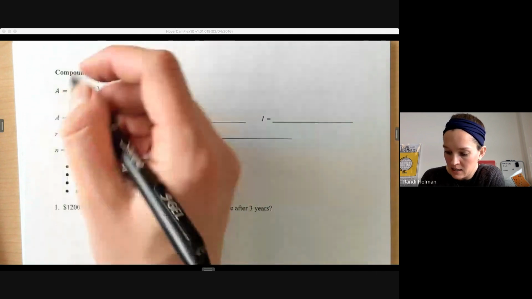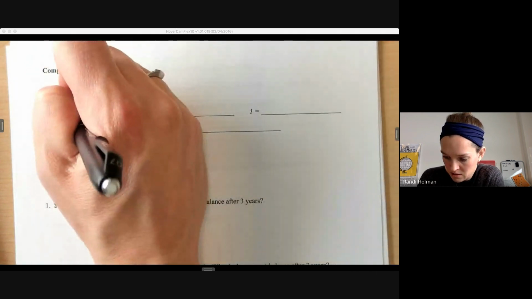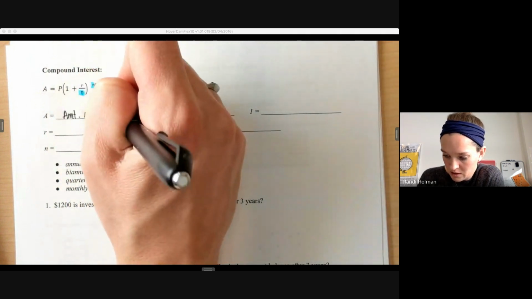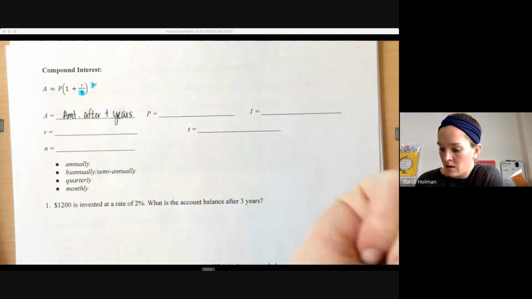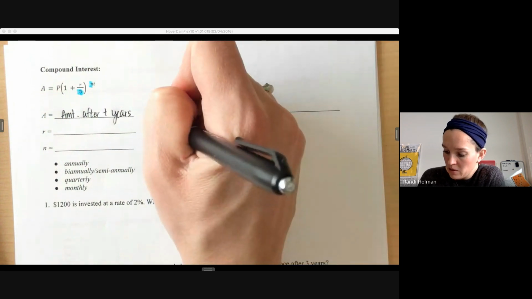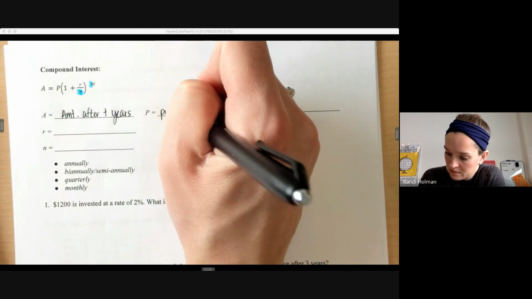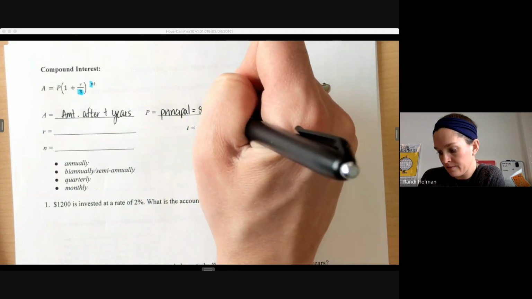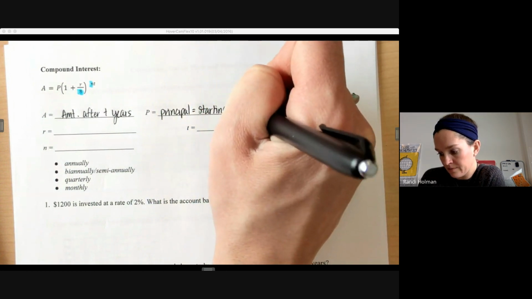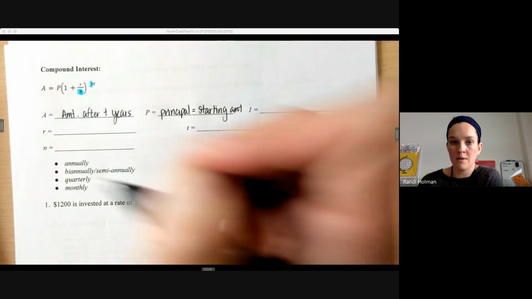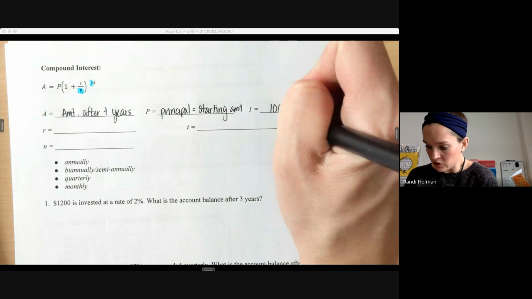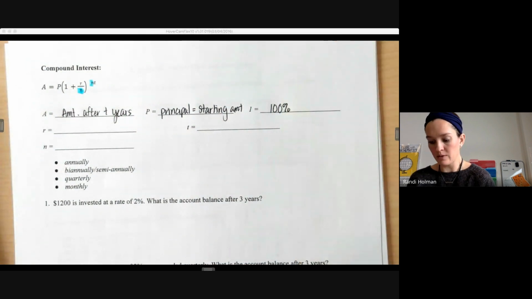So A is the amount after t years. P is our principal, which is your starting amount. And then 1 is that 100% that you're starting off with. You get to start with 100% of whatever you had.